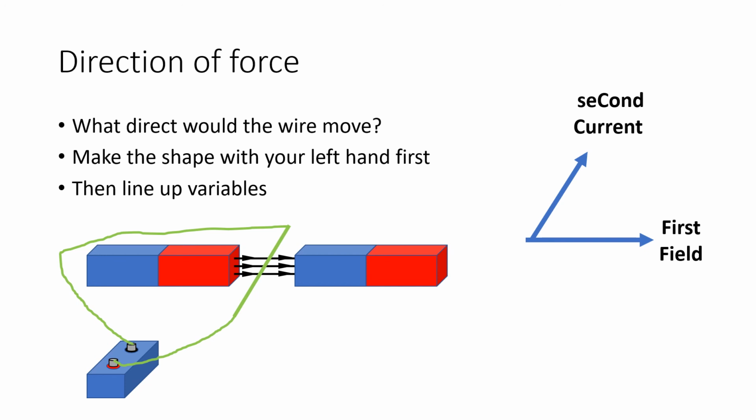One way will be extremely uncomfortable and you can't do it, and the other way will be a bit more comfortable, and you should be able to get your second finger pointing towards the screen. And when you do that, you will notice that your thumb is pointing down. And that means in this particular arrangement, the thumb represents the movement of the wire, so that green wire would move down.